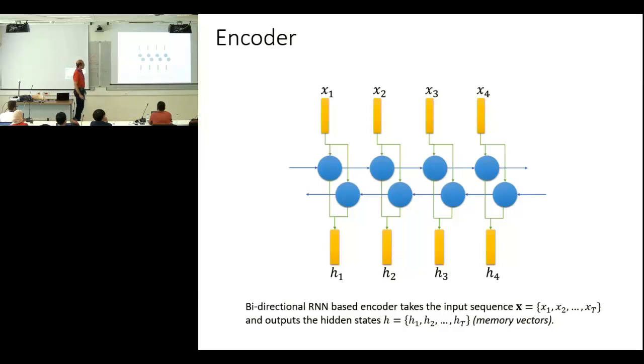The encoder is a bidirectional RNN, which takes an input sequence and produces a sequence of hidden states, which are a better representation for the problem that we want to model, better than the input.